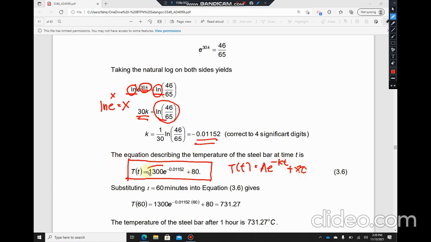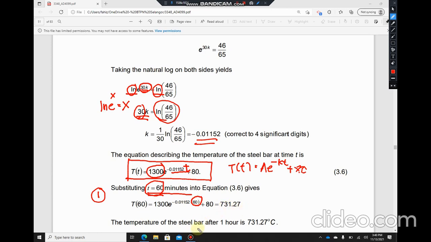Then you substitute into the general equation: T equals A e^(kt) plus 80. Replace A with 1300, and k with negative 0.01152, with t remaining. For the first question, we need to find the temperature after 1 hour. Since we used minutes earlier, which is 30 minutes, 1 hour means 60 minutes. So substitute 60 minutes into equation 3.6 in place of t, and you get the temperature 731.27.